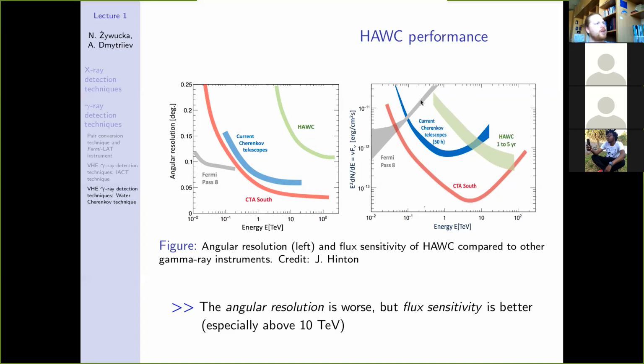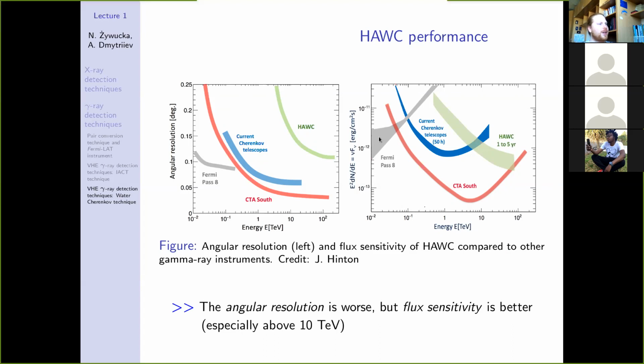And Fermi-LAT, okay, why do we still need Fermi? Because it has greater sensitivity at low energies. For instance, below 100 GeV, Fermi is much better. At, for instance, 10 GeV, Cherenkov telescopes have very poor sensitivity. That's not their energy range.